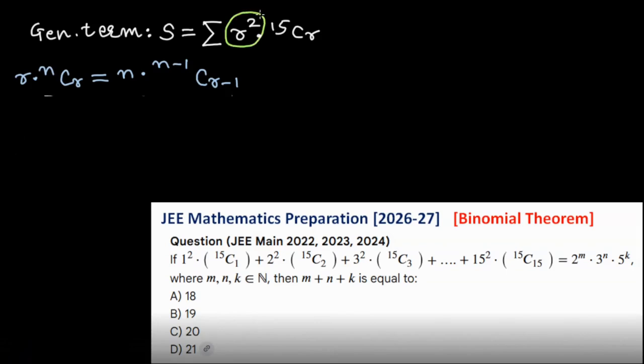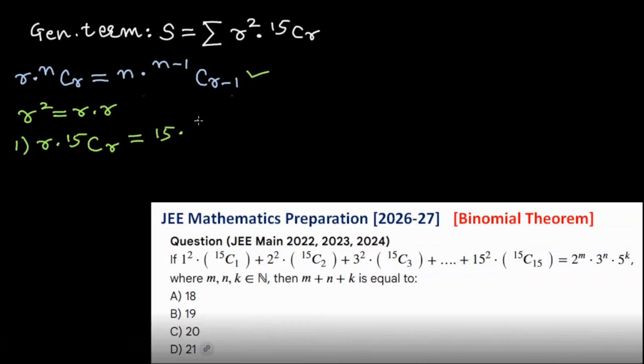We have r square here, so we write this r square as r into r. So we apply this property twice. Number 1, r into 15Cr equals, according to this property, 15 into 14C(r minus 1).